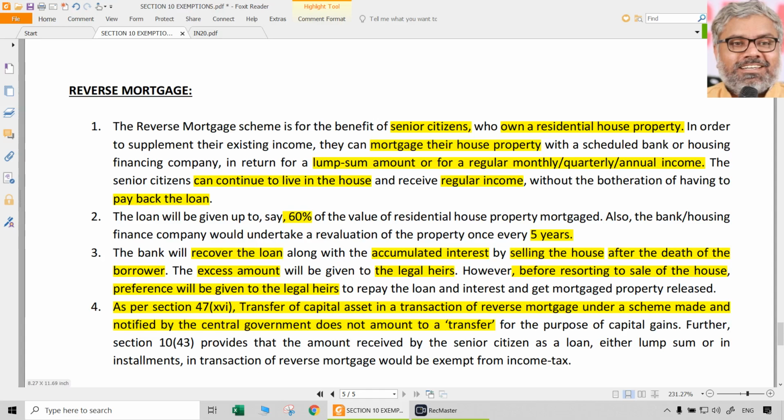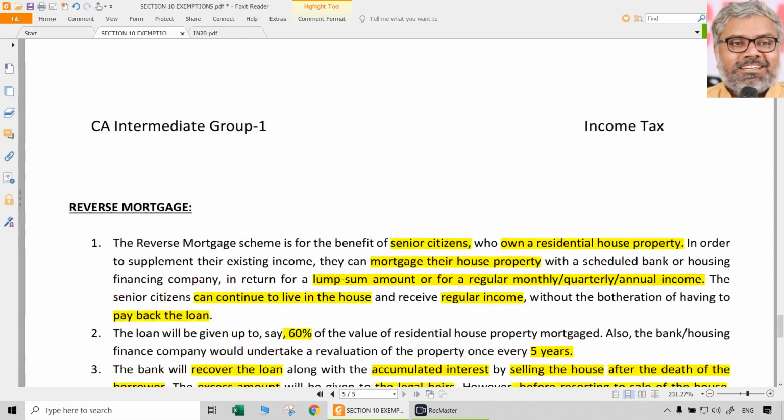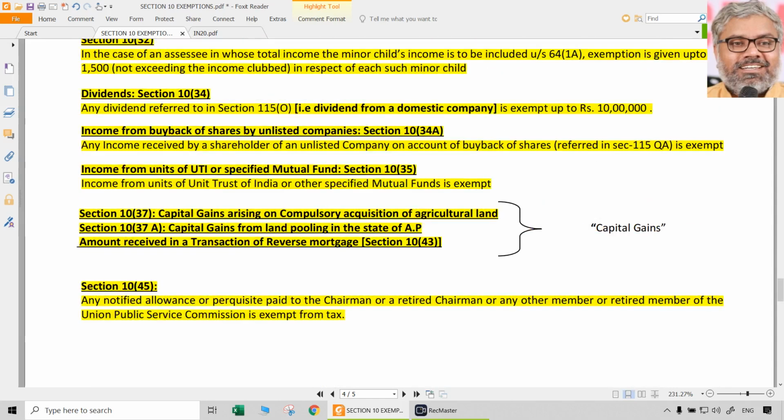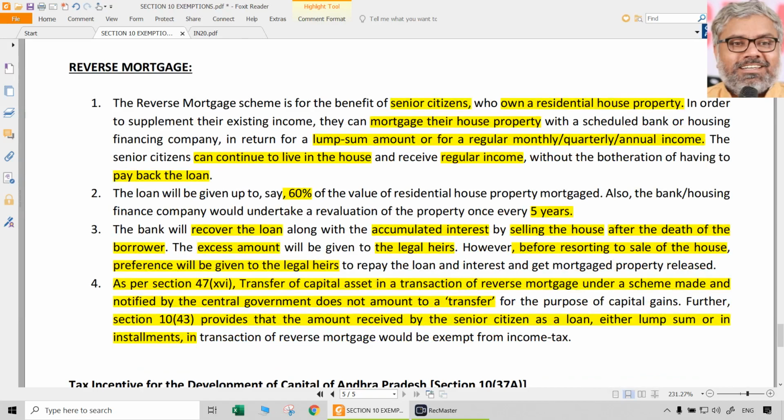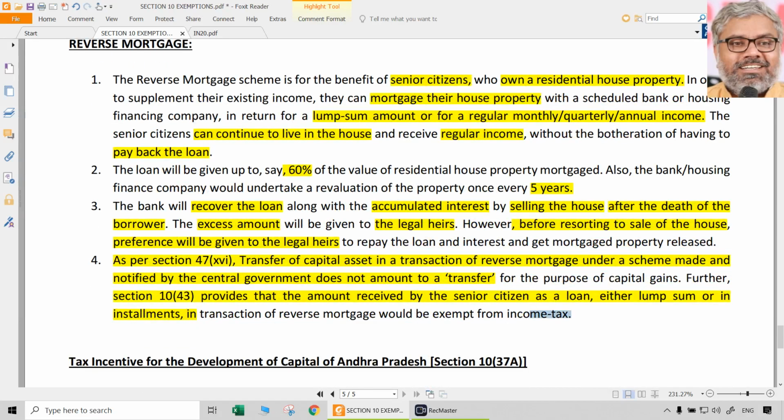And not only that, even 10(43), as we were discussing just now, covers the amount received in a transaction of reverse mortgage. Whether it is a lump sum amount or the monthly amount, whether lump sum or installments, any amount received by the senior citizen in a transaction of reverse mortgage would be exempt from tax.